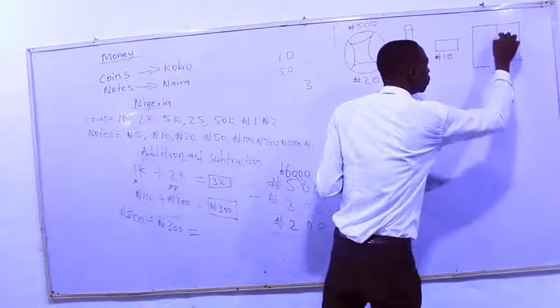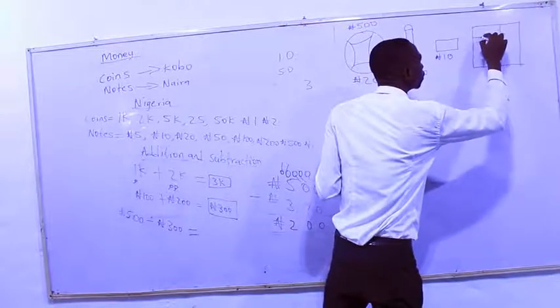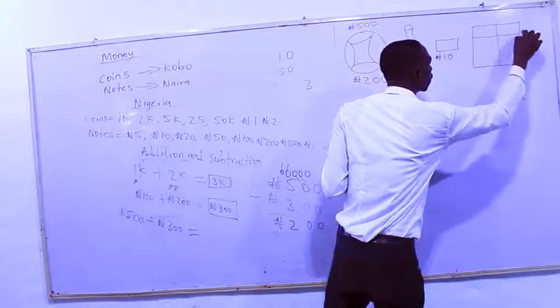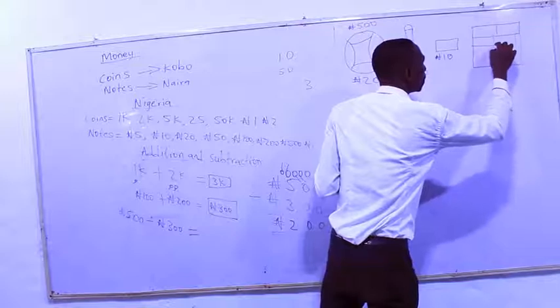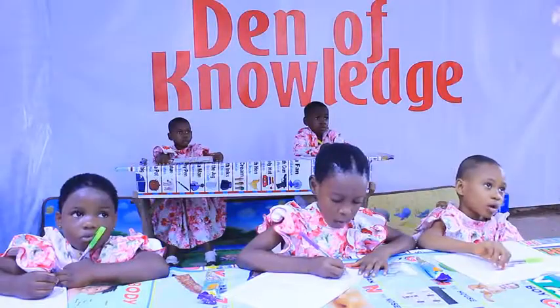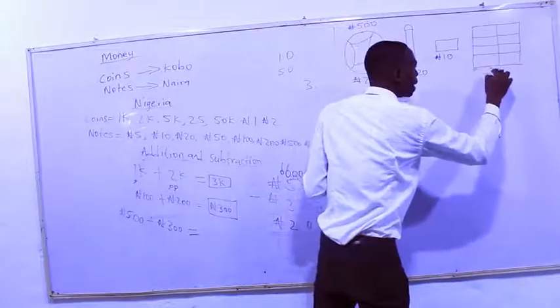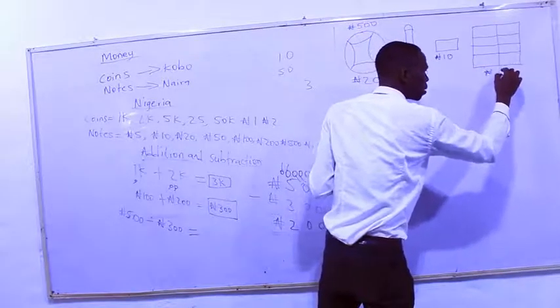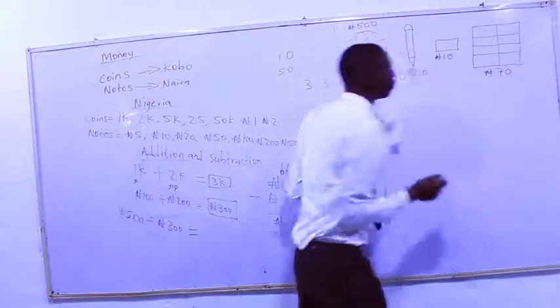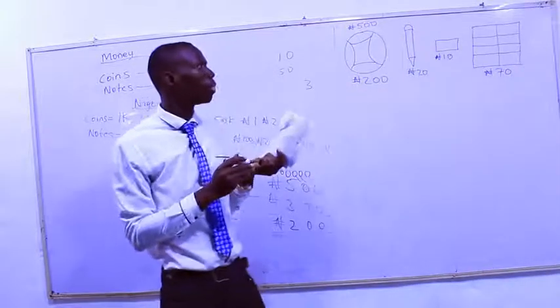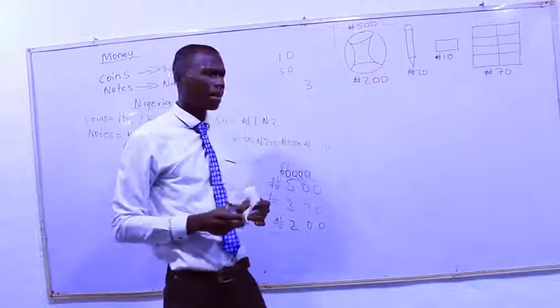A big book. A book with a price tag 70 naira. A long book with a price tag 70 naira.